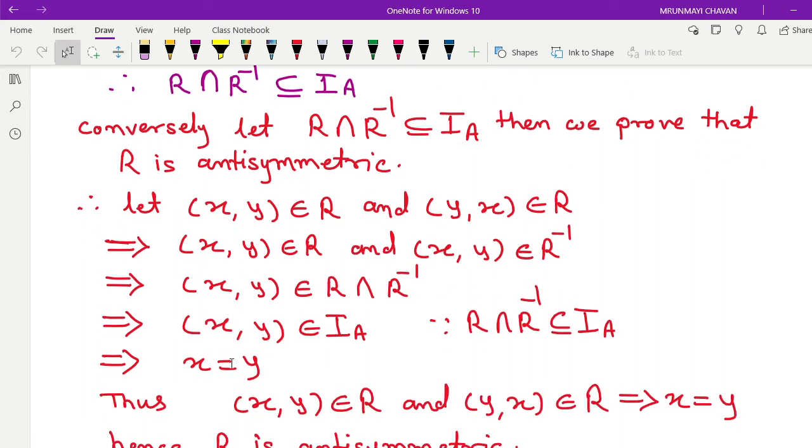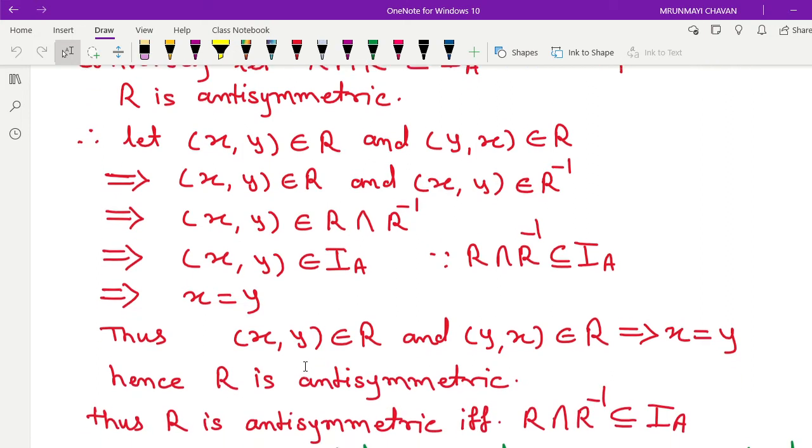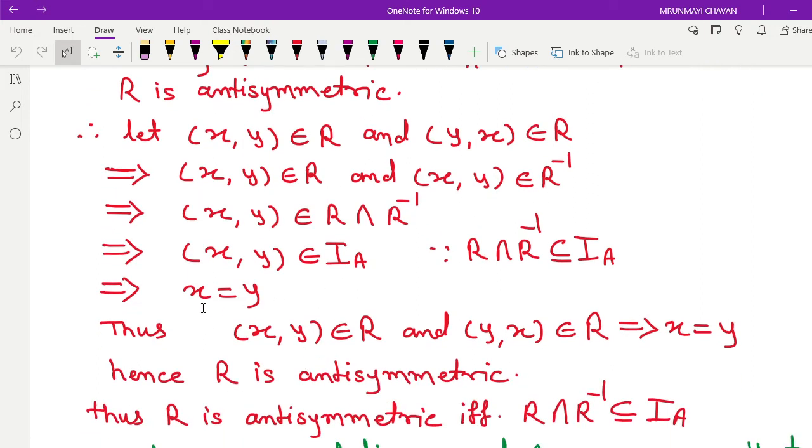Therefore, this implies that xy belongs to IA because R intersection R inverse is subset of IA. Therefore, xy belongs to IA. If xy belongs to IA, then x must be equal to y.